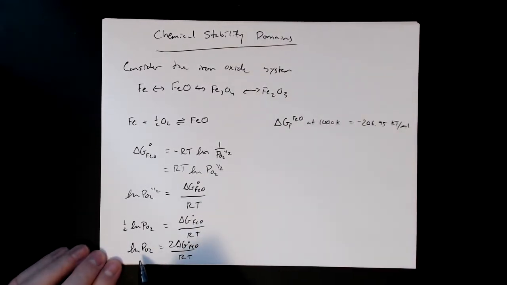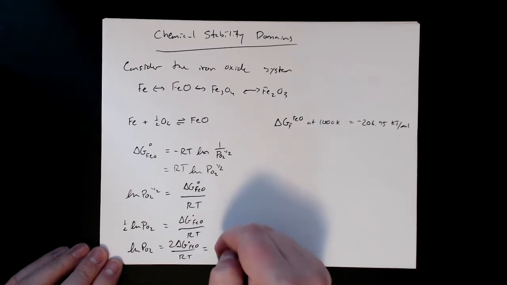Basically now we have an expression for PO2 if we know the free energy, the temperature, and the gas constant. All we have to do to get the PO2 is take the exponential of both sides, and then we'll have PO2.